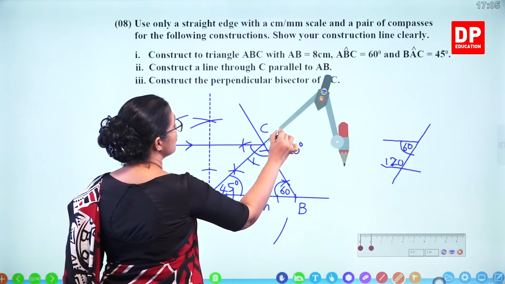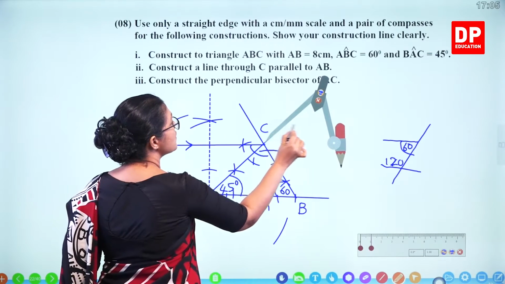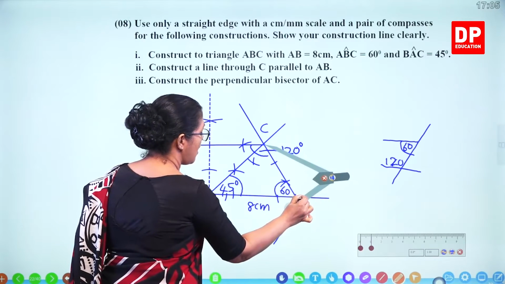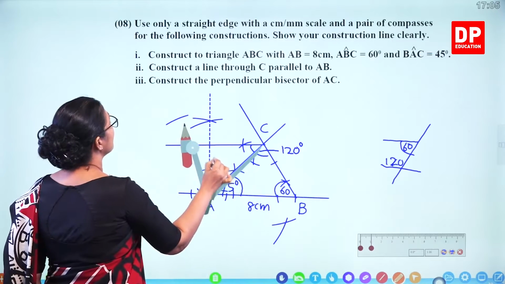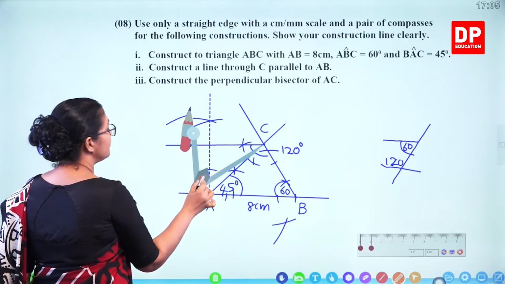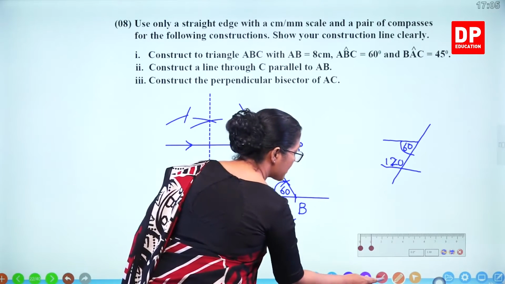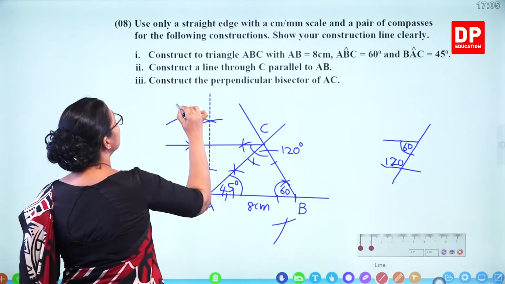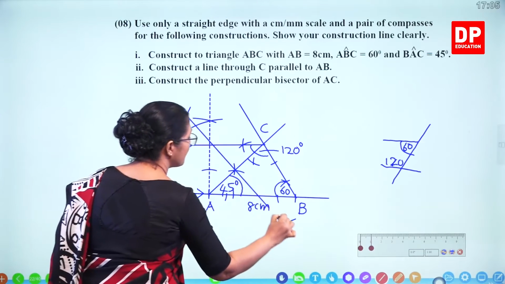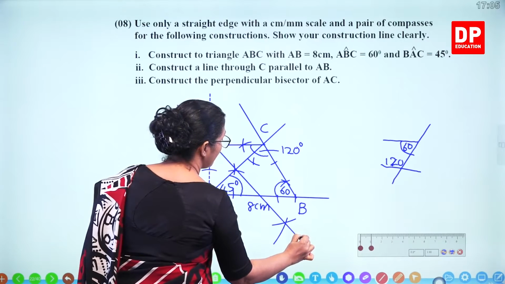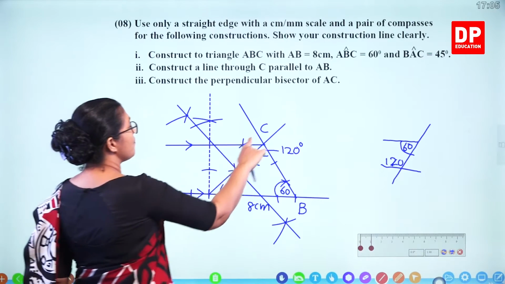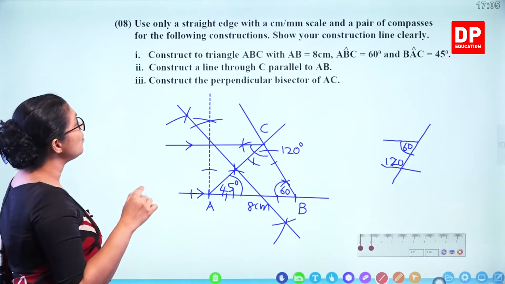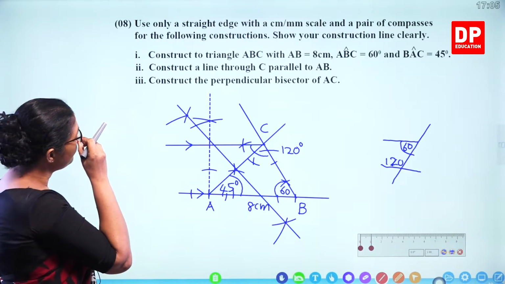And here also keep the compass on top of C, draw two arcs, this one and this one. Now you can connect the line. So that's the perpendicular bisector of A and C.